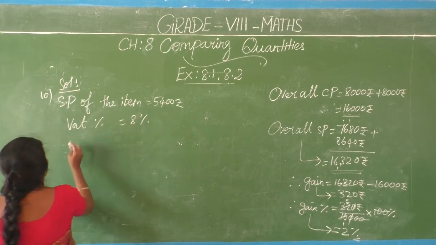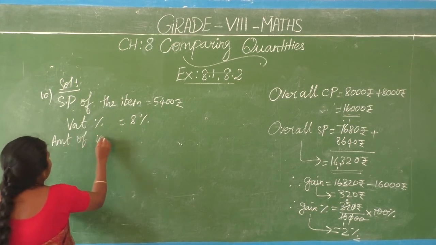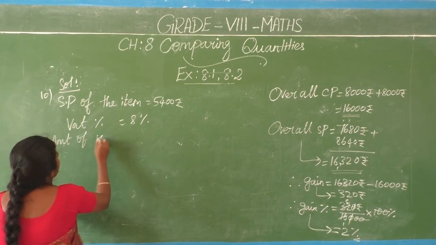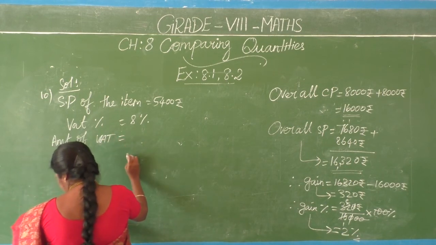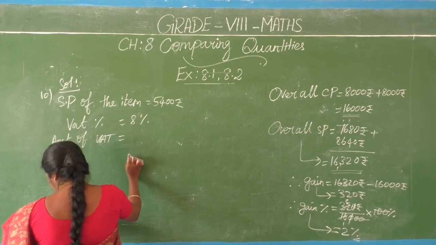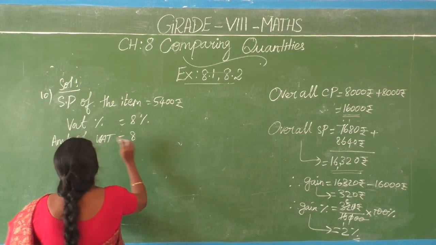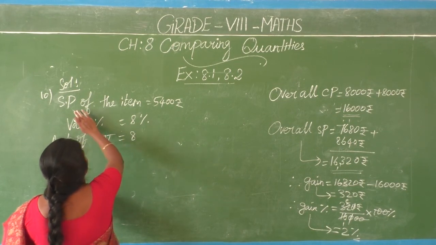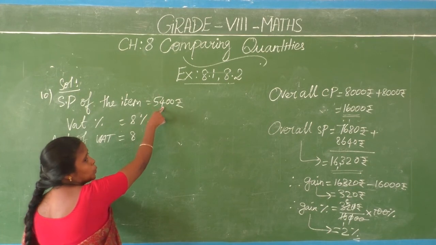That means we have to find the amount of VAT now. So 8% of the SP, but we don't know the SP of the item; the 5,400 included the VAT amount.